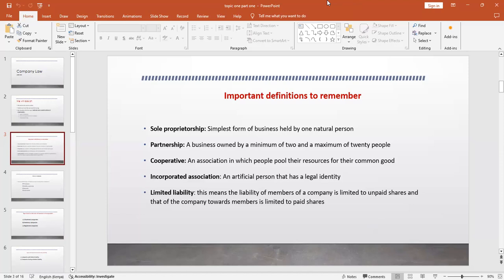Anyway, before you start having those fantasies, you need to understand the basic things like the difference between a sole proprietor, a partnership, a cooperative, and an incorporated association. For example, when we say a sole proprietor, what are we talking about? I know you're tempted to just say this, but that is only half the truth. If you have to define a sole proprietor, how would you define it in a way that makes legal sense?